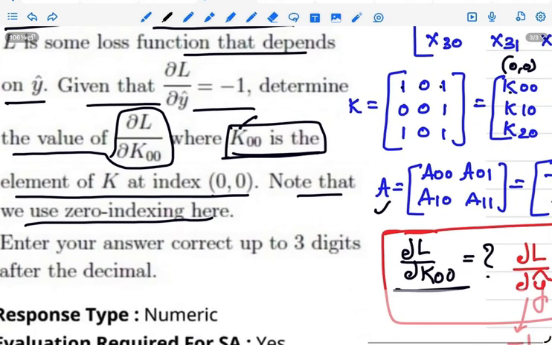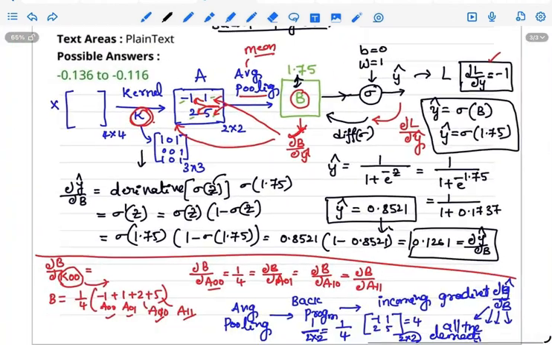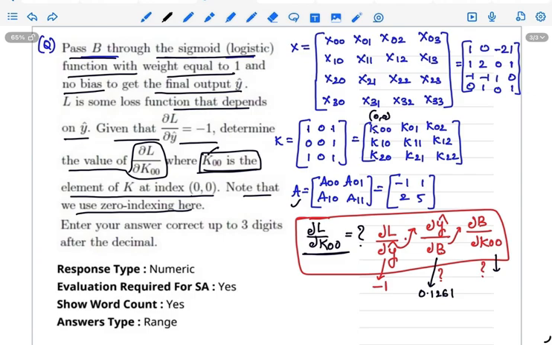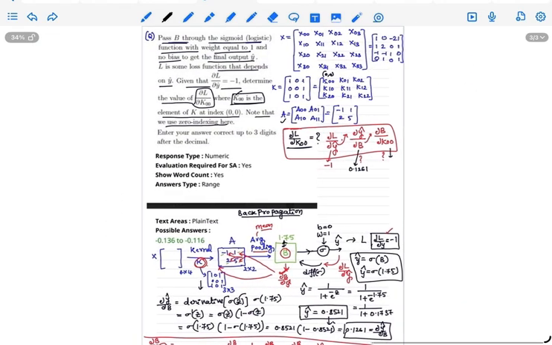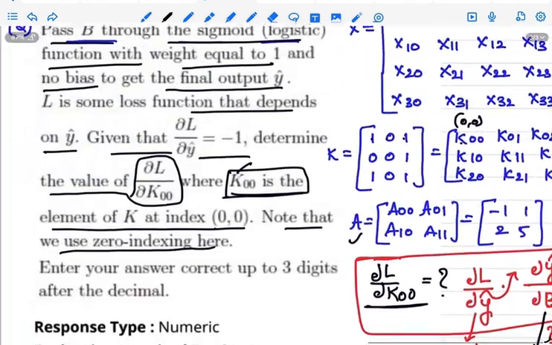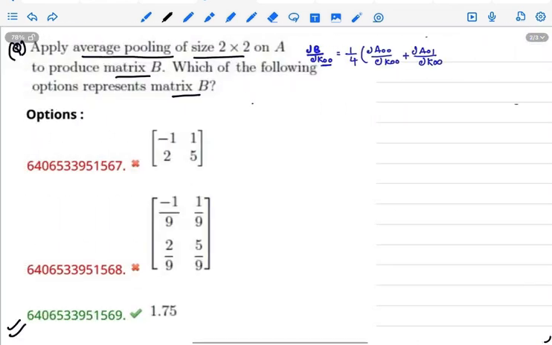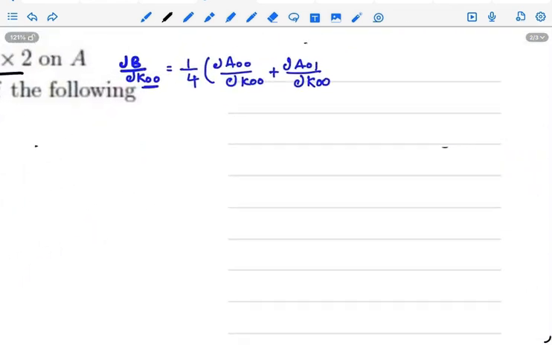We already calculated that here the window size is 2 cross 2 matrix, so the contribution is 1 by 4. Then plus dou A10 by dou K00 plus dou A11 by dou K00. So every element of K00 depends on this matrix A, right?